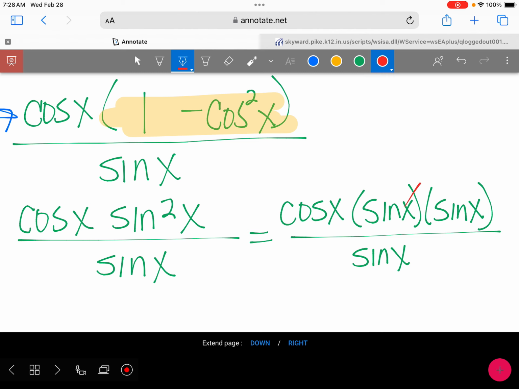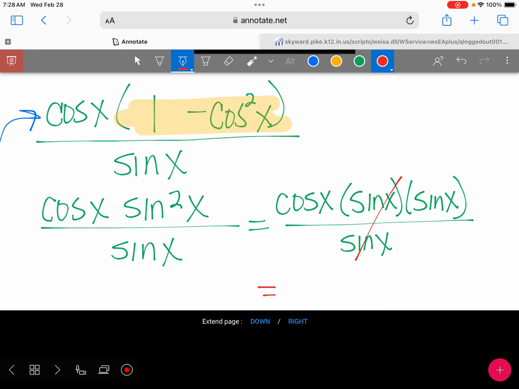So I can cancel that out. And now I'm left with just what? A cosine times a sine. Is there anything else I could do? Or is that the end of my moves? That's the end of my moves. I have simplified it. So cosine times sine would be your final answer.